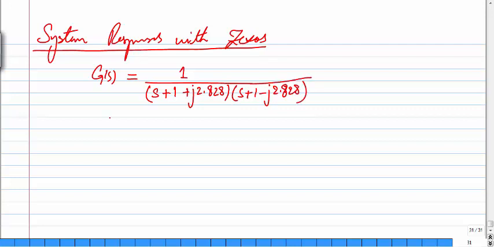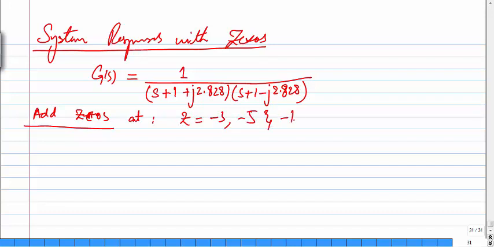So this is the system. Now if we add zeros, assume we add a zero at -3, then at -5 and at -10. So let's look at how the response looks.